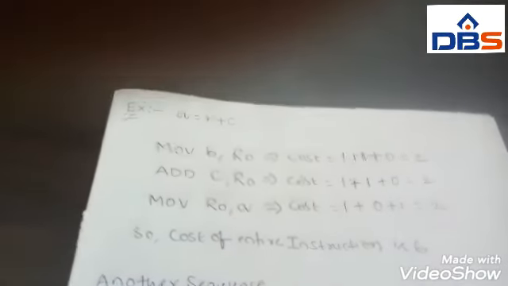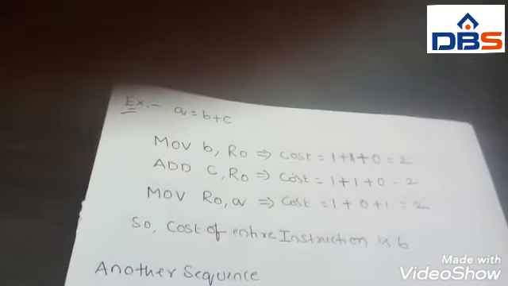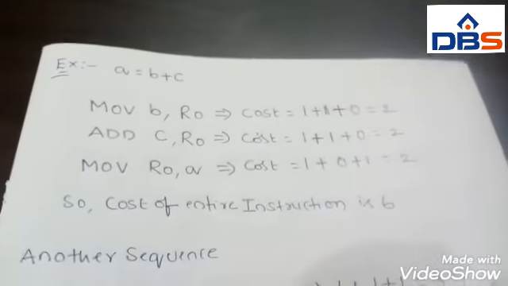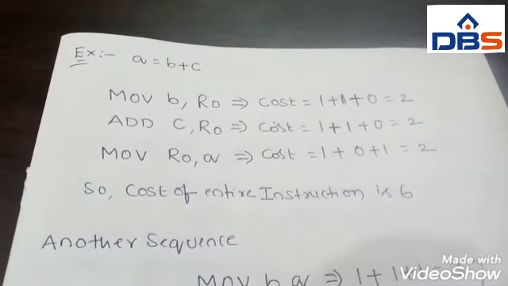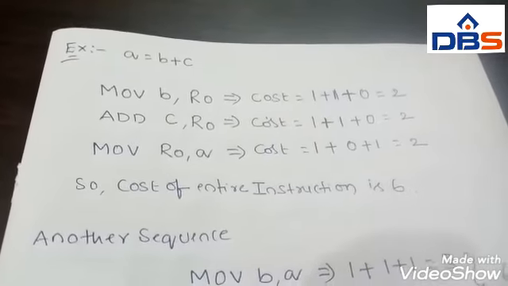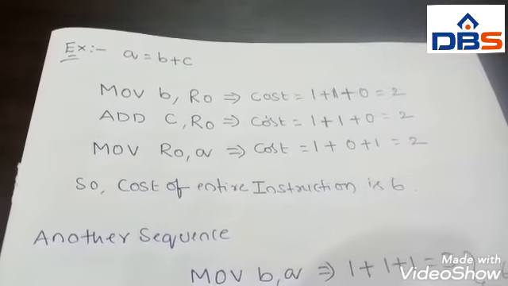If we take the next example, consider the statement A equal to B plus C. We can create different instruction sequences for the same example. Assume that A, B, C are distinct memory locations.